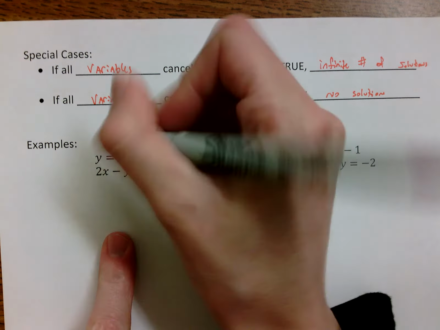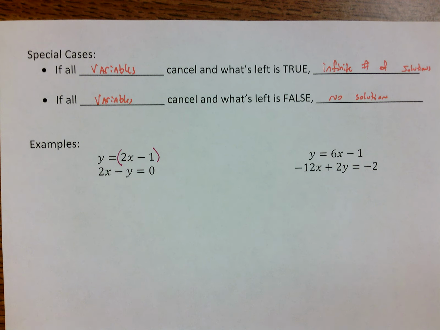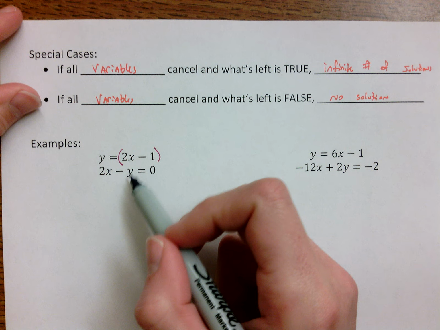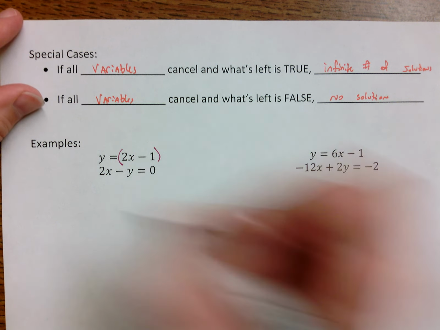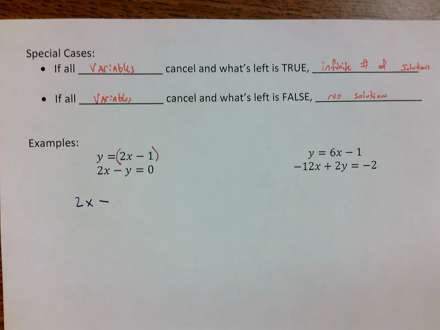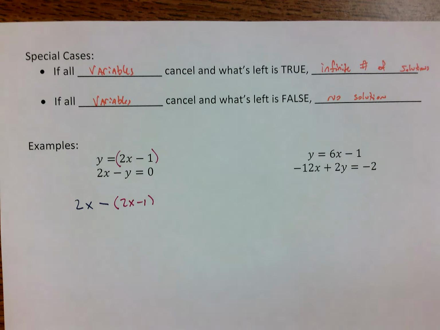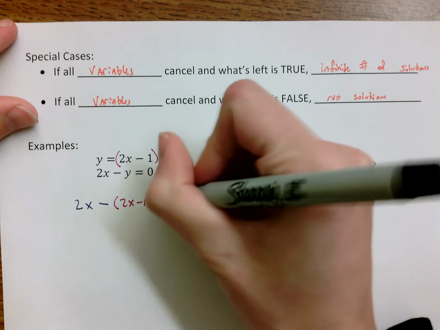So first thing I'm going to do is put parentheses around what y equals. Okay, and then I'm going to replace the y in the other equation with that parentheses. So my second equation is 2x minus, and then I'm replacing the y with 2x minus 1. Don't forget to finish your equation, equals 0.